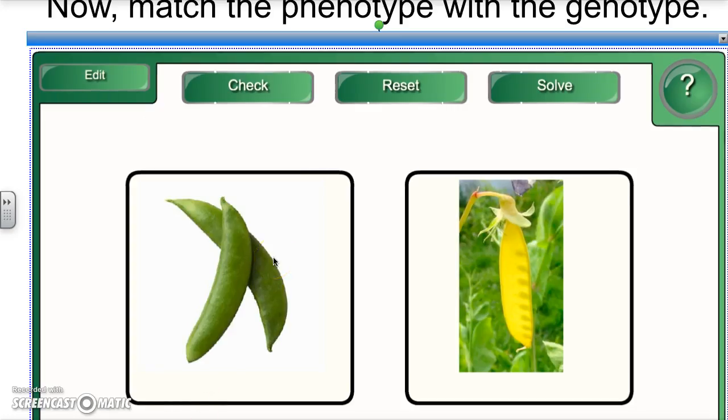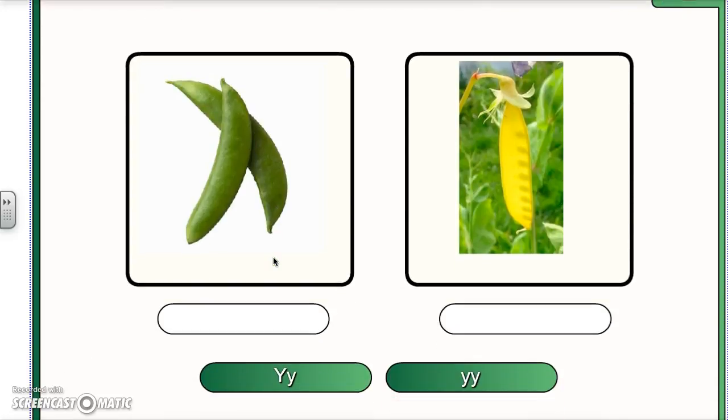At this point, I would ask students to match the phenotype with the genotype. They would do this first at their seats, and then after I'm satisfied that enough of the students are on track, I would have one student come to the smartboard and complete this activity.